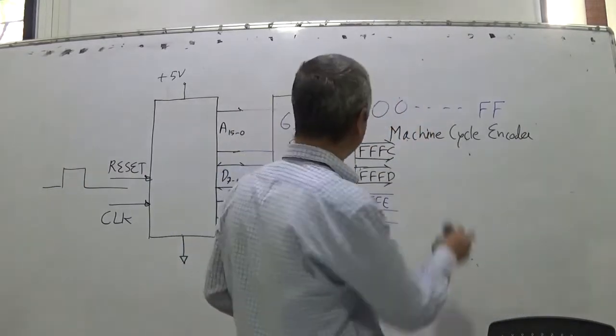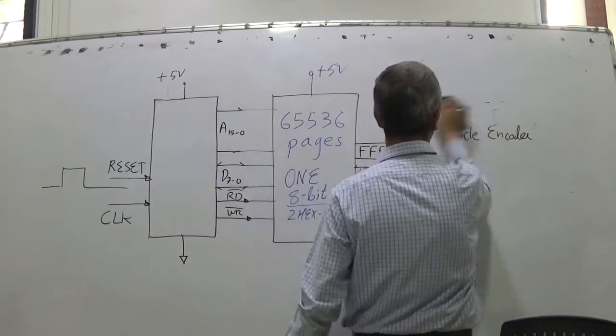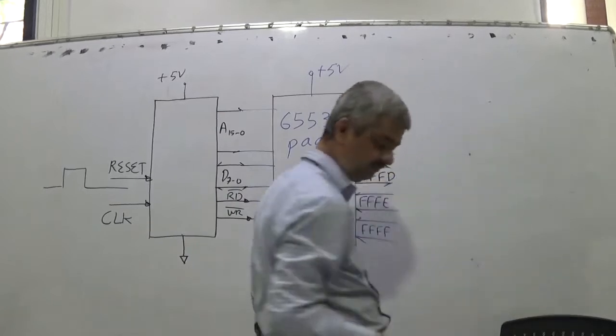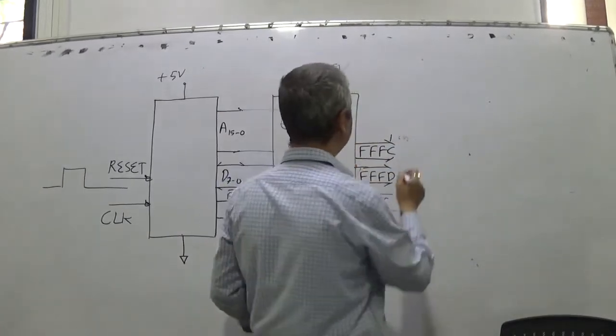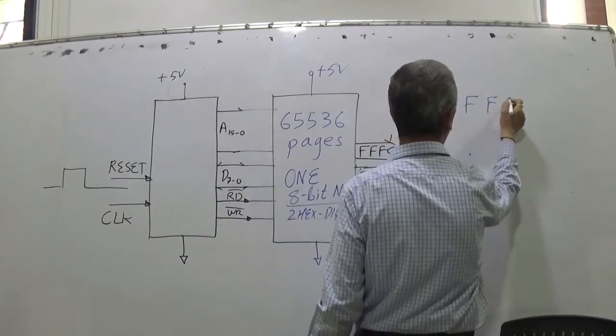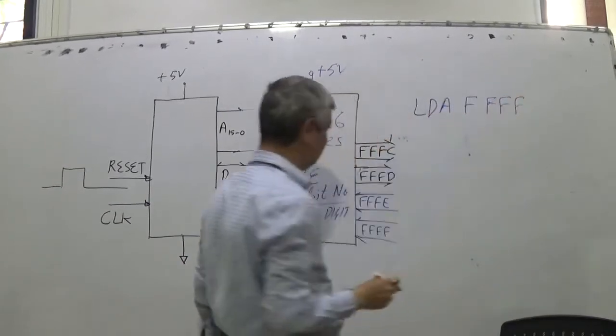Suppose I write the instruction LDA FFFF. What will happen?